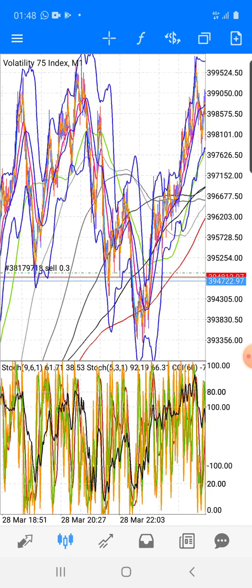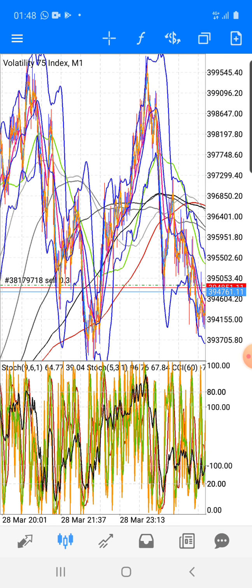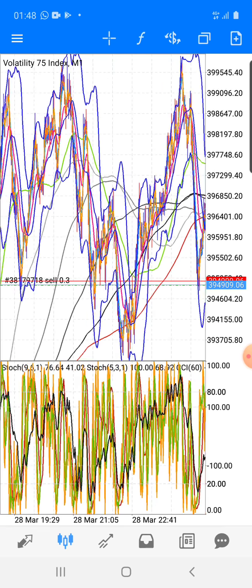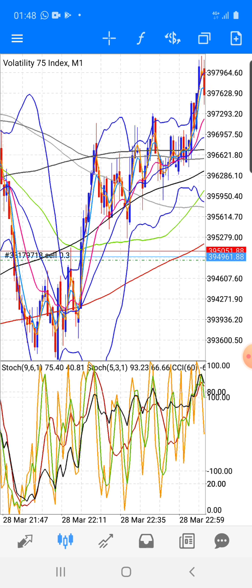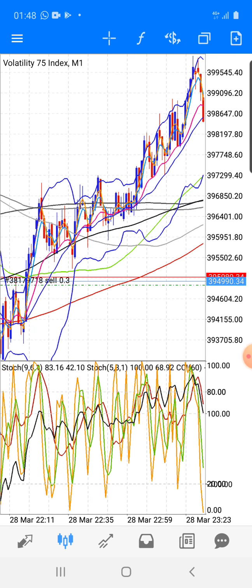So now let's look at all the moving averages. Do you see how all the moving averages, especially the green and the red, look at the green moving average. Do you see how it's coming close to the red moving average?